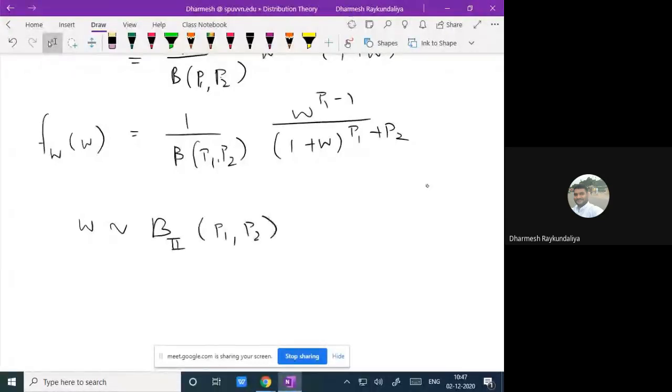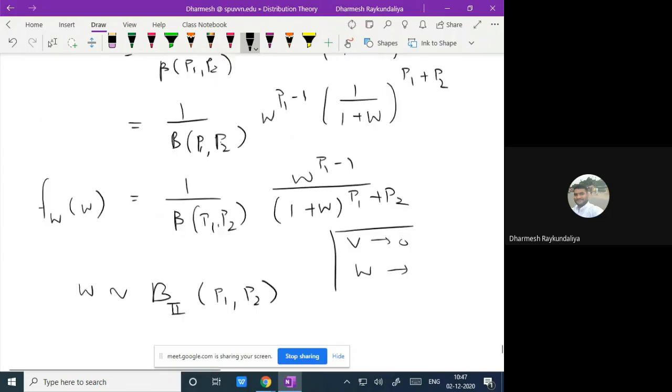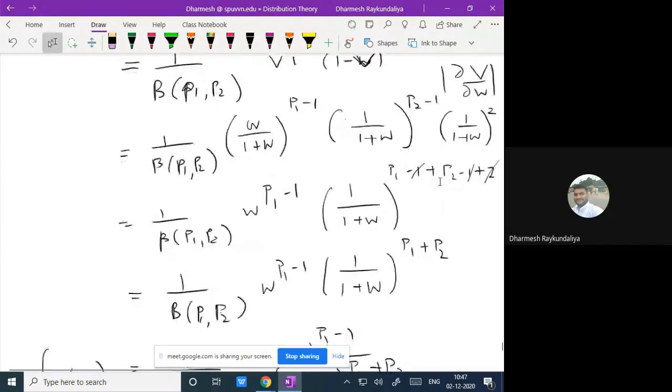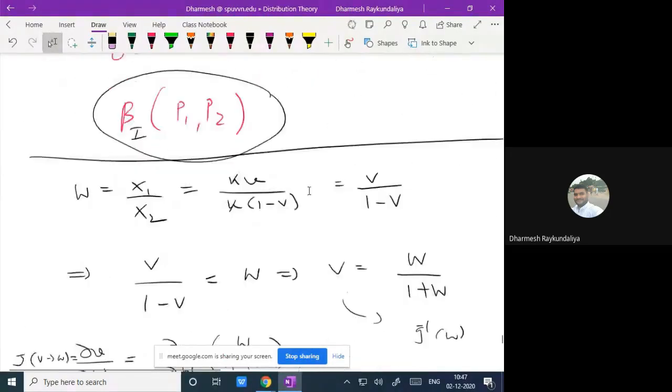Now what is the range of w? What is the form of v? v is equal to this. So when v is equal to 0, what is the value of w?